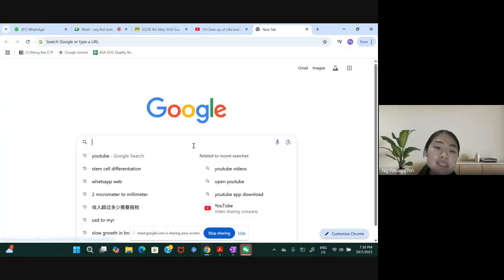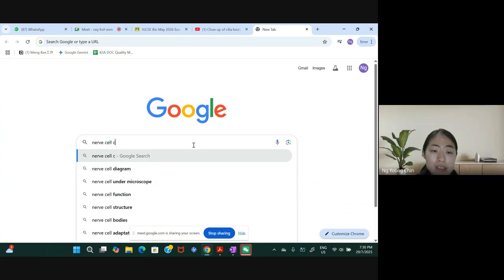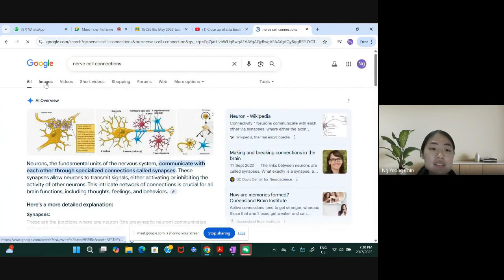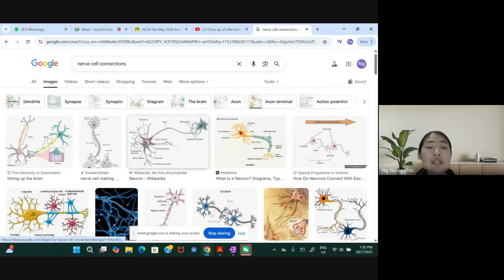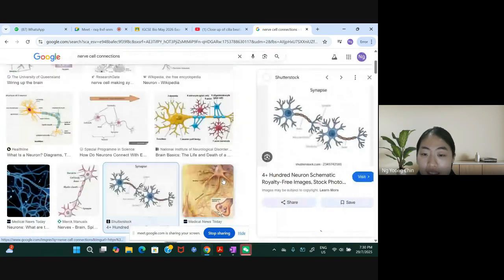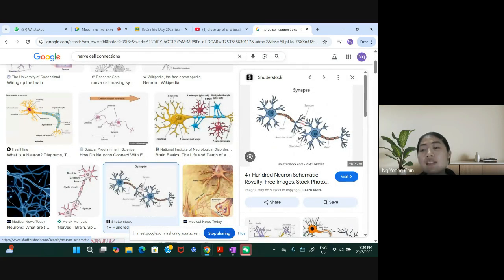See how nerve cells connect to each other. That's why they need to have the branch or extension, so they can connect with another neuron.